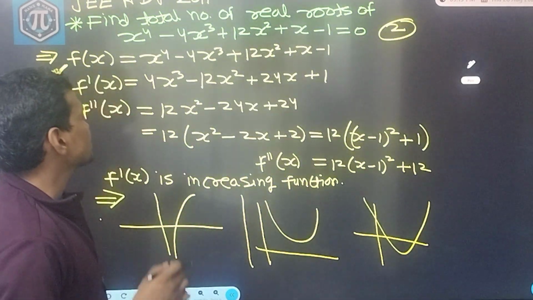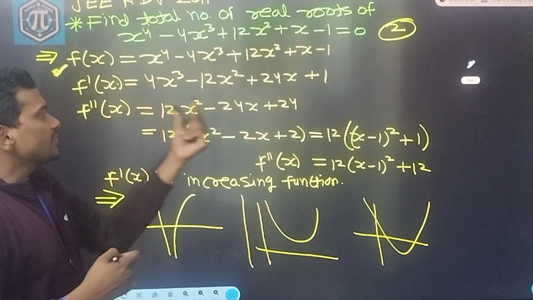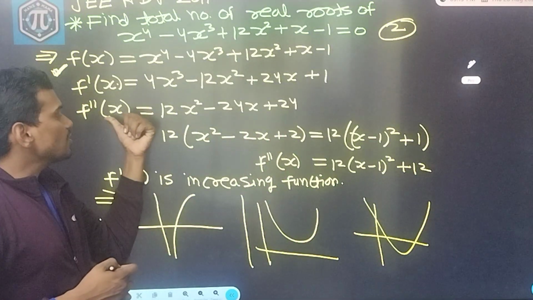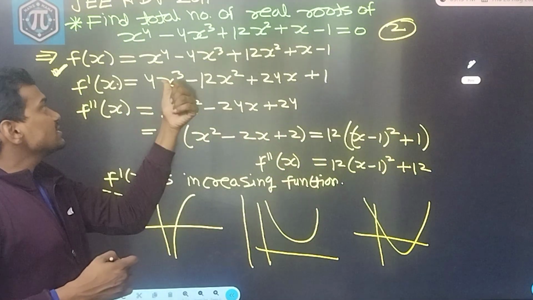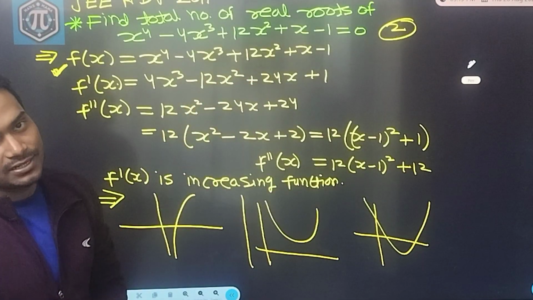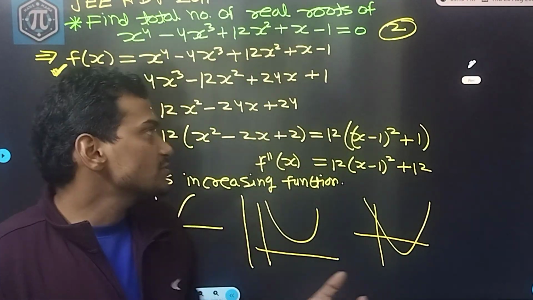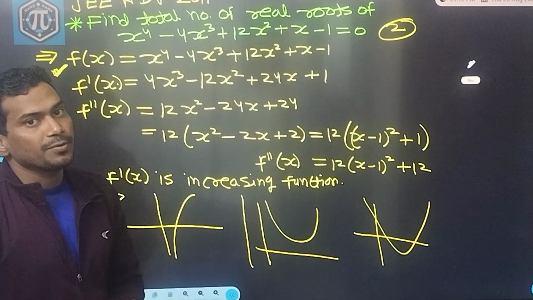How we have used application of derivative? We calculated f dash x, we calculated f double dash of x, and then we saw f double dash of x is always positive. That means f dash x is increasing function. So if f dash x is increasing function, okay, then we saw f dash x can be 0 at how many points? So exactly at 1 point.